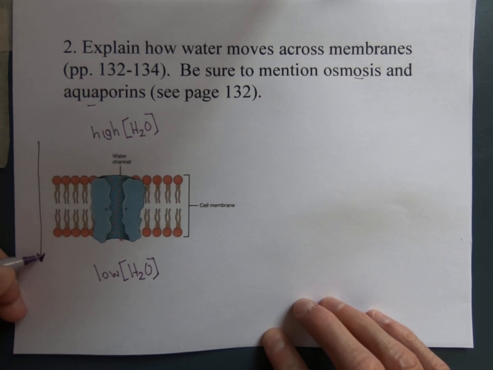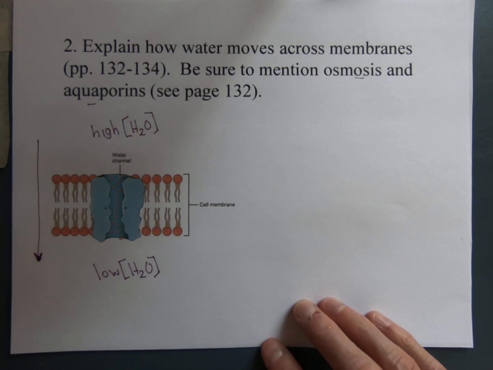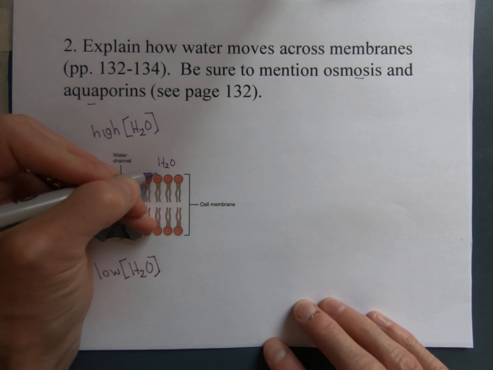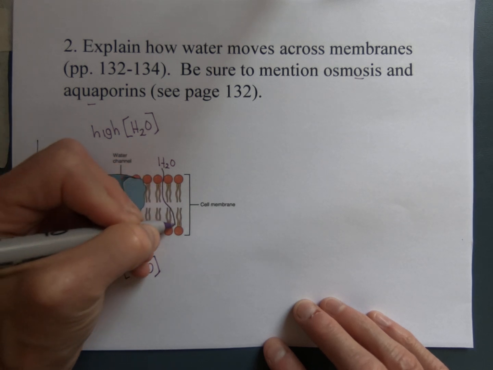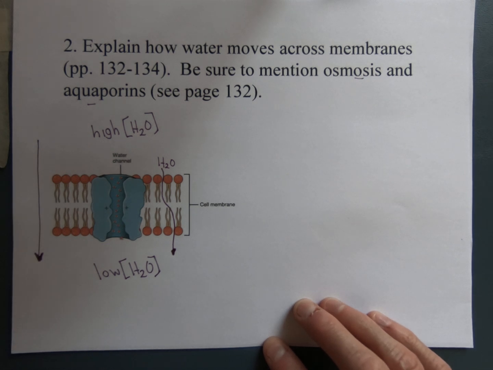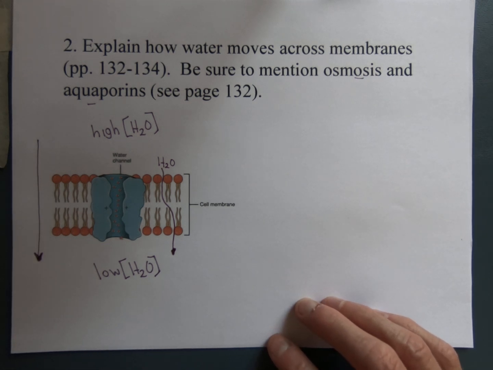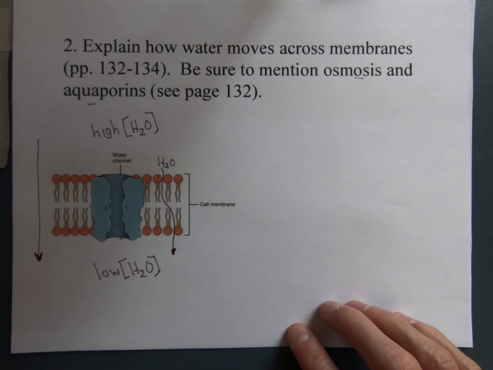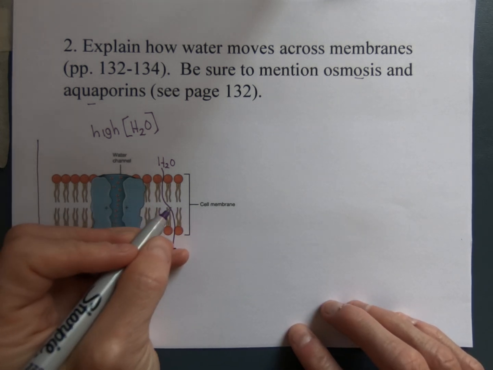Oh, but can water molecules move directly through the membrane? Can these water molecules directly pass across the membrane by simple diffusion? This is a tricky question. They're polar, and this hydrophobic bilayer might not like them. It's hydrophobic after all, right?